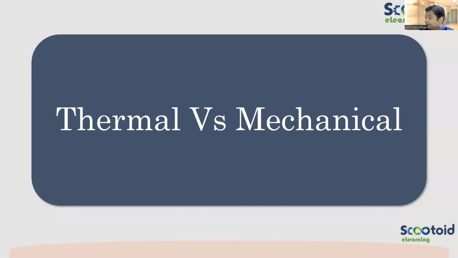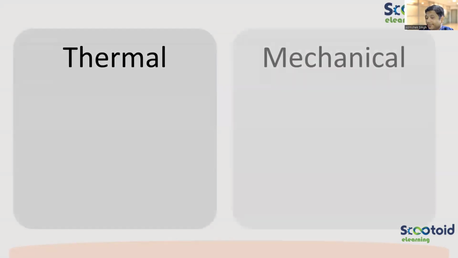What will mechanical do? Mechanical will make sure that the heat exchanger is able to sustain that pressure and temperature. Getting it? So the mechanical will be designing the thickness which is able to withstand that pressure and temperature.